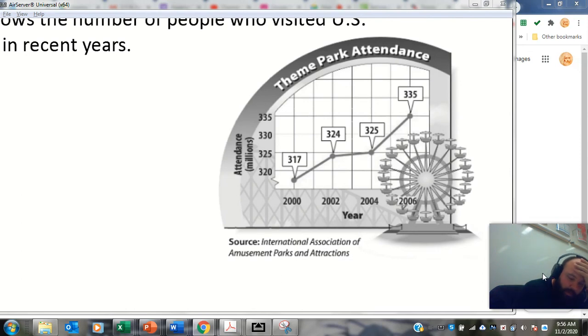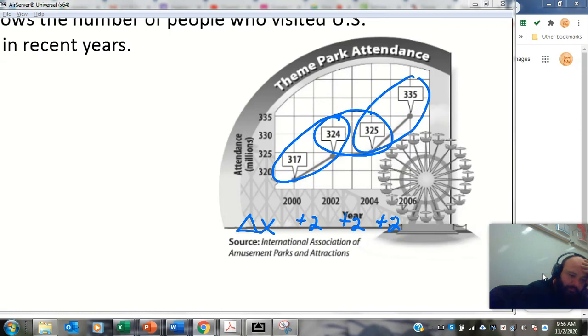So if I look here, you can see each year is +2, right? So that's my change in x. So this is my delta x. Now I need to figure out my change in y's by subtracting these 3 pairs of numbers like that.